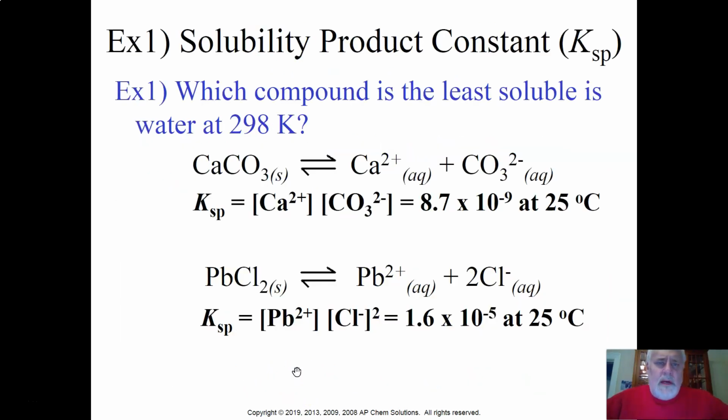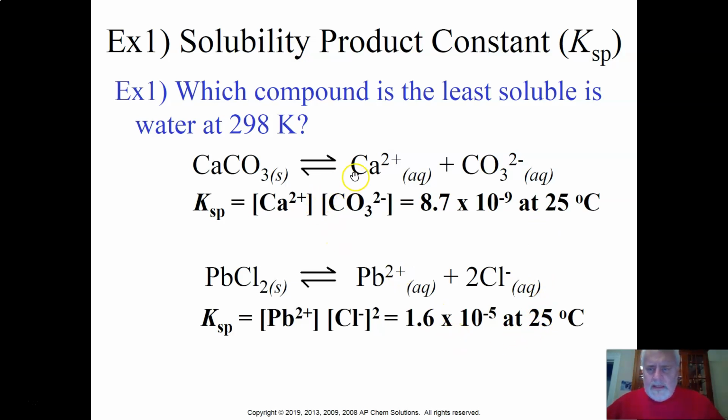All right, if you're given a question like this, you have calcium carbonate versus lead chloride. They both have relatively small numbers, and a lot of times you'll see the temperature expressed because the degree of solubility can change with temperature.